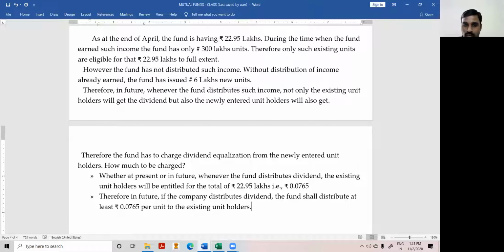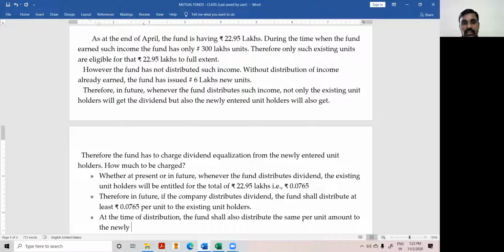Okay, right. The next question is, at the time of distribution, the fund shall also distribute the same per unit amount to the newly entered unit holders also.